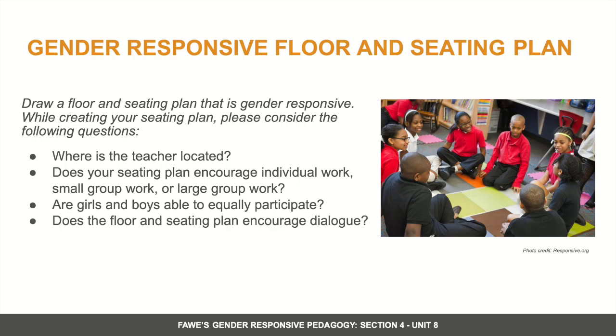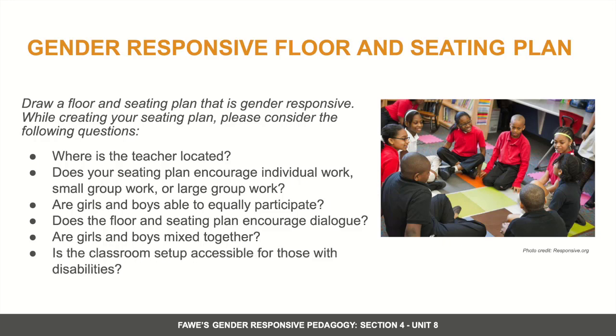Does the flow and seating plan encourage dialogue? Are girls and boys mixed together? Is the classroom setup accessible for those with disabilities? When you have completed your drawing of a gender-responsive floor and seating plan, kindly upload it here.